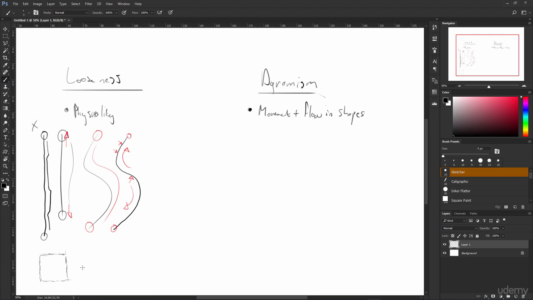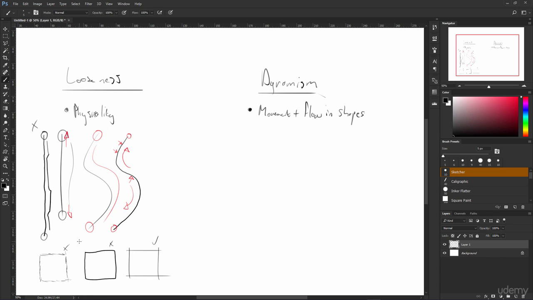Nor do you want to draw really slowly like this, because you're losing dynamism. You're losing looseness in the lines. You want to be as quick as you can. I'm using the shift key there, but it doesn't really matter. And whilst you are having these overlaps, the shape feels more dynamic overall, and more appealing and also more professional looking.